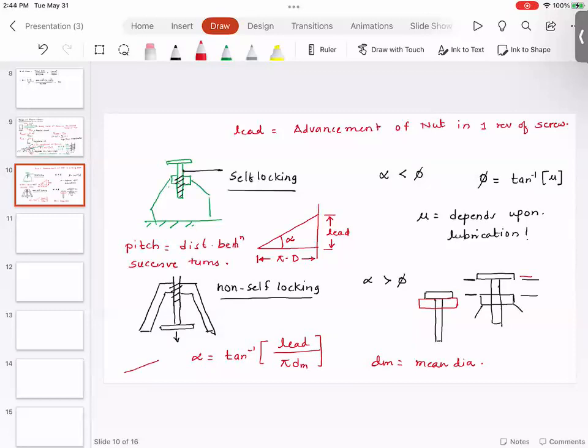So for an example, if you look at the screw, this distance is the pitch.